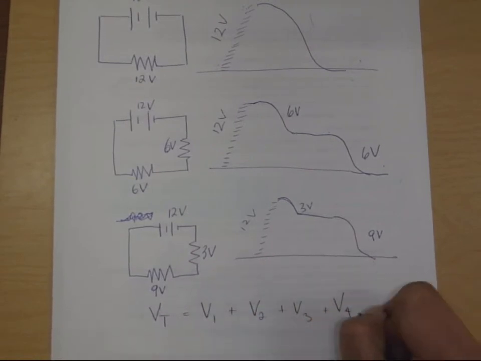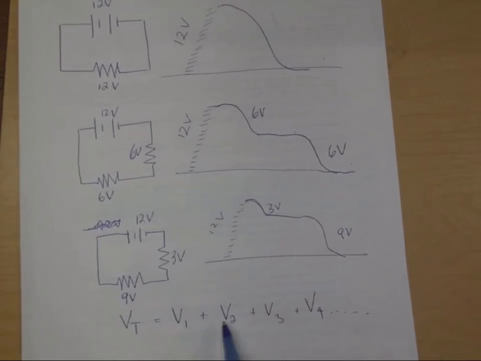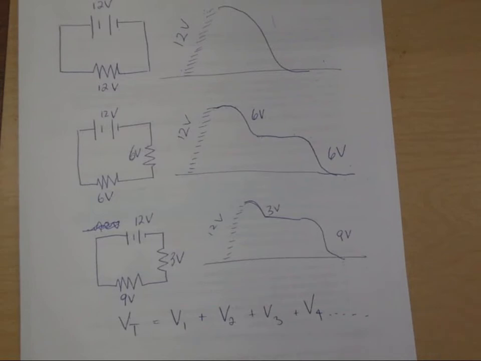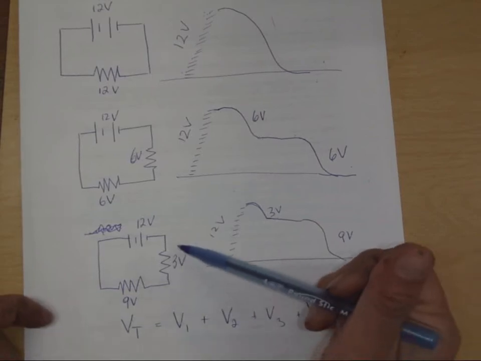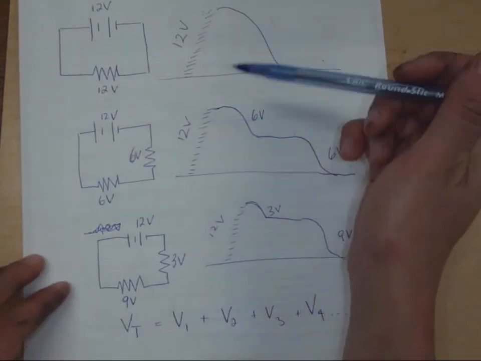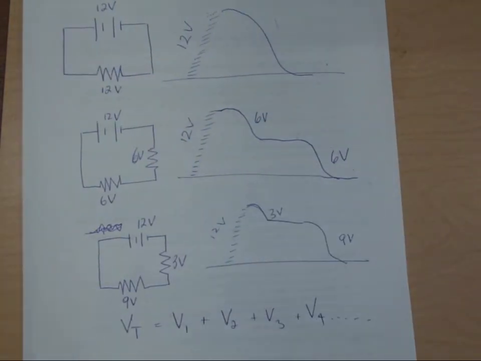And that could be an infinite number of resistors. It doesn't mean that there is just one, or the same voltage across each of the resistors. We've noticed 3 different scenarios in which there is a different voltage across all of those resistors.